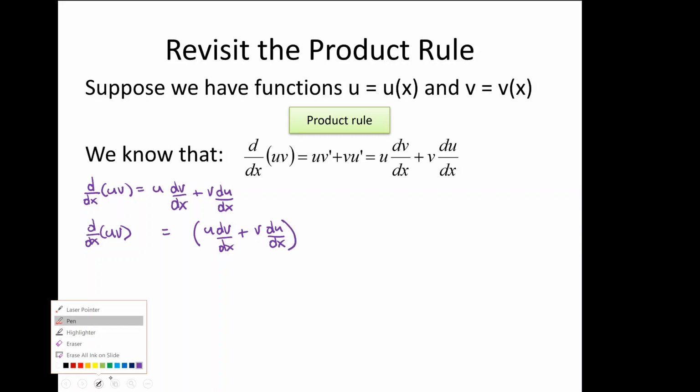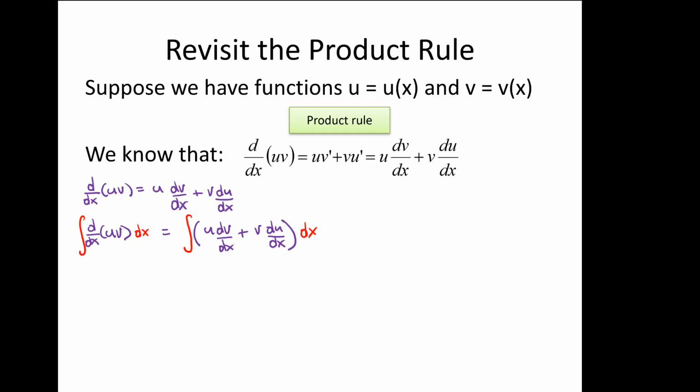Okay, and then I'm going to integrate both sides with respect to the x variable. So the dx is needed because we're integrating with respect to the x variable. On the left-hand side, we're taking the antiderivative of the derivative.